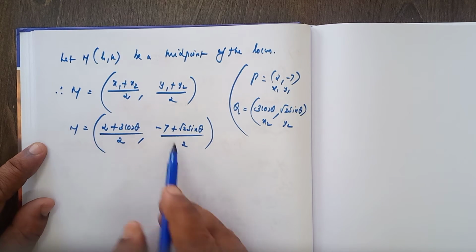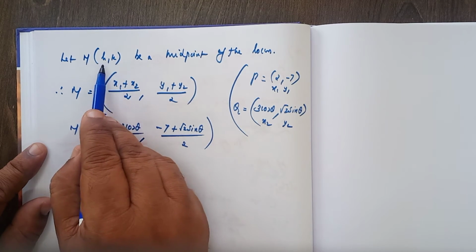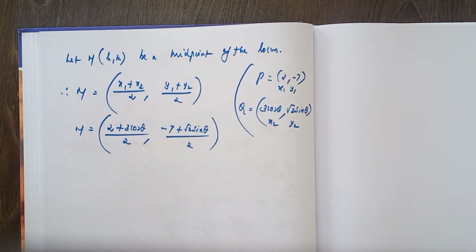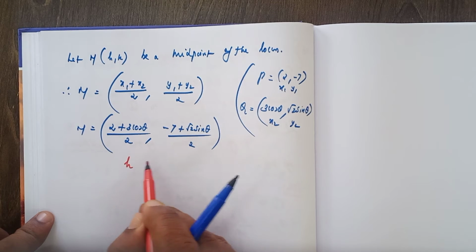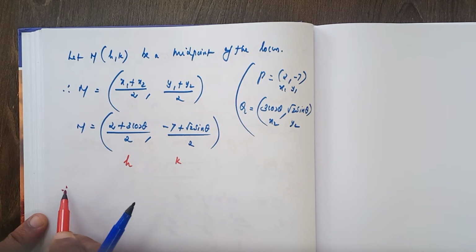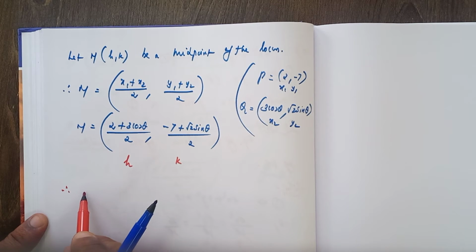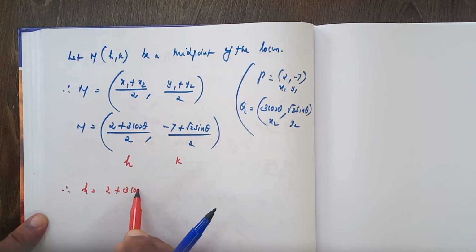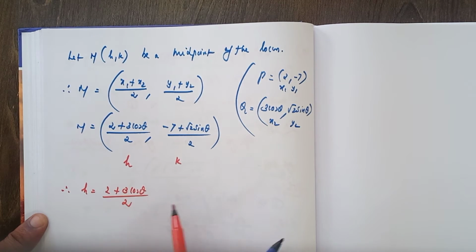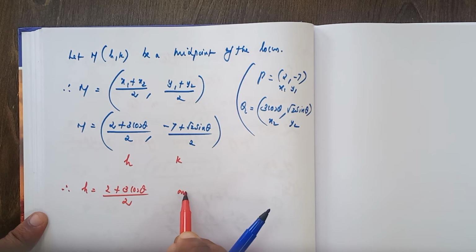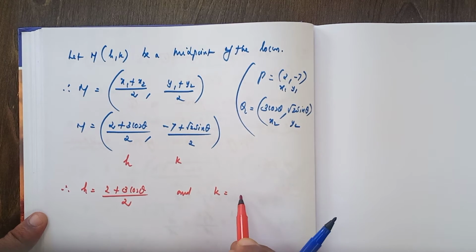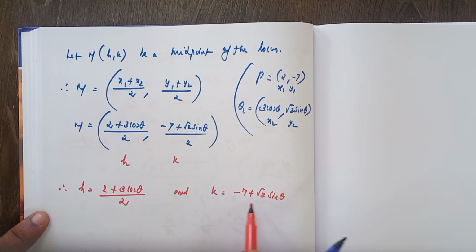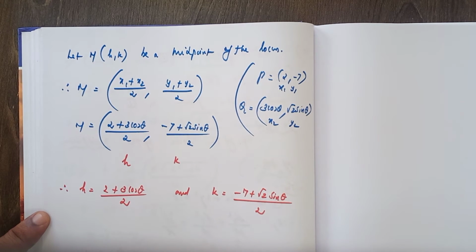In general (h, k) is the locus point. So this is h, this one is k. Therefore h = (2 + 3 cos theta)/2 and k = (-7 + root 2 sin theta)/2.